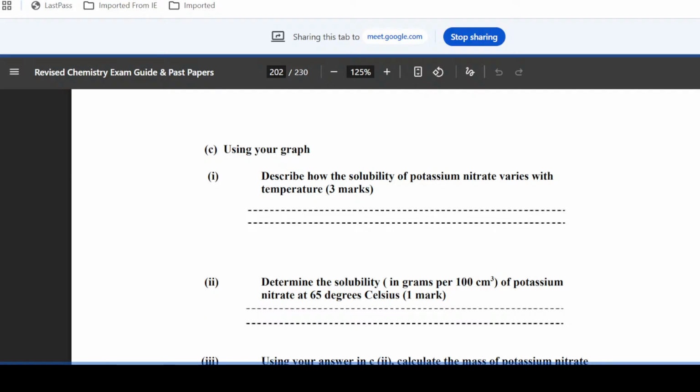Alright, let me go back to the graph. So determine the solubility in grams per 100 cm³ of potassium nitrate at 65 degrees Celsius. So let's see if we can get an estimate from the graph that we have on this.